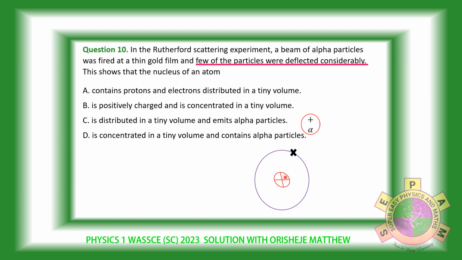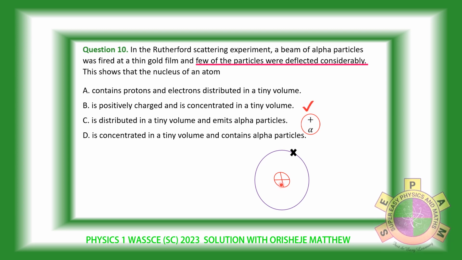What does the deflection tell us? The deflection is because the alpha particle was repelled by the electronic charge in the nucleus of the atom.